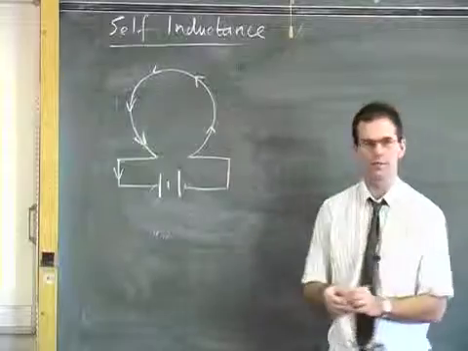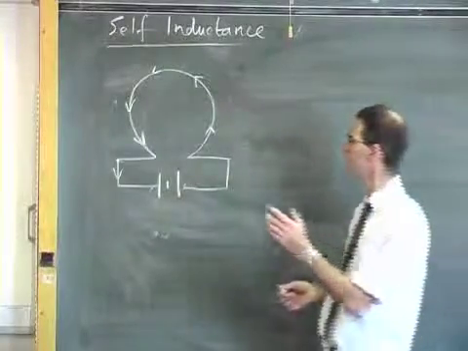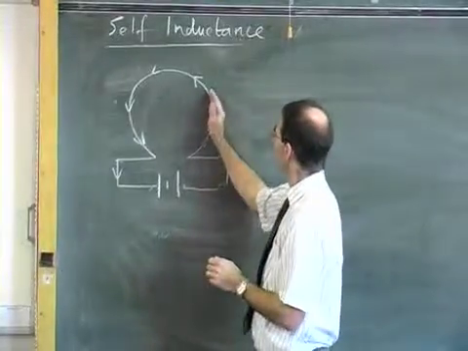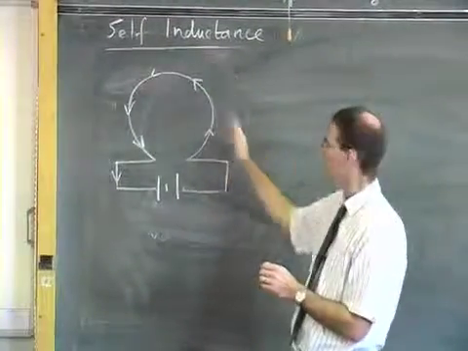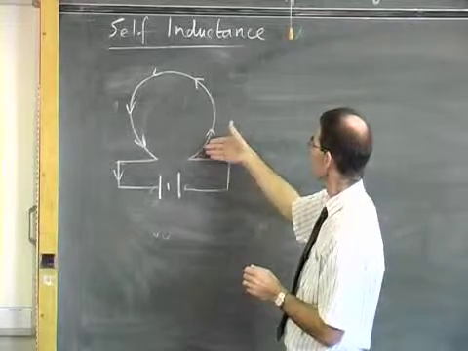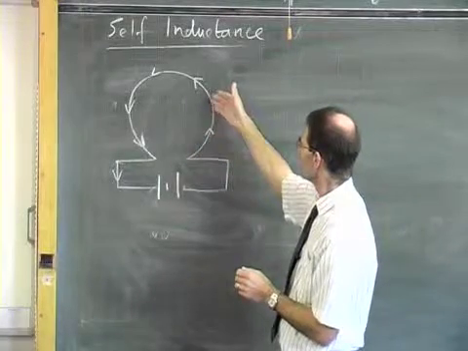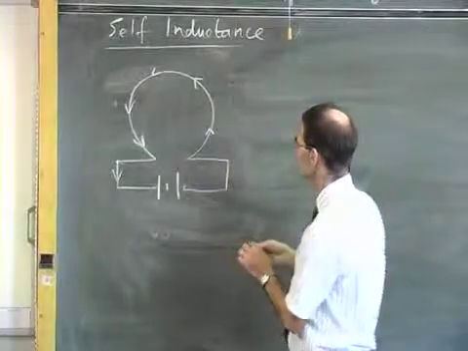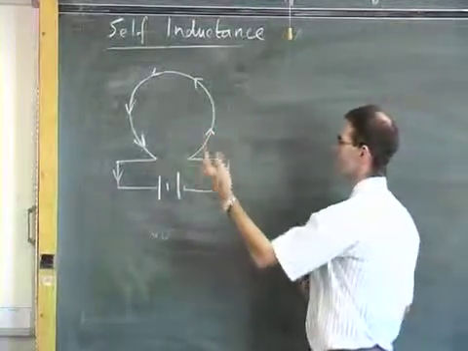As soon as you try and switch on the current, because we're using the right hand, remember, the motion of the electrons is that way. That means you're gripping with the left hand. I'm using the left hand rule.